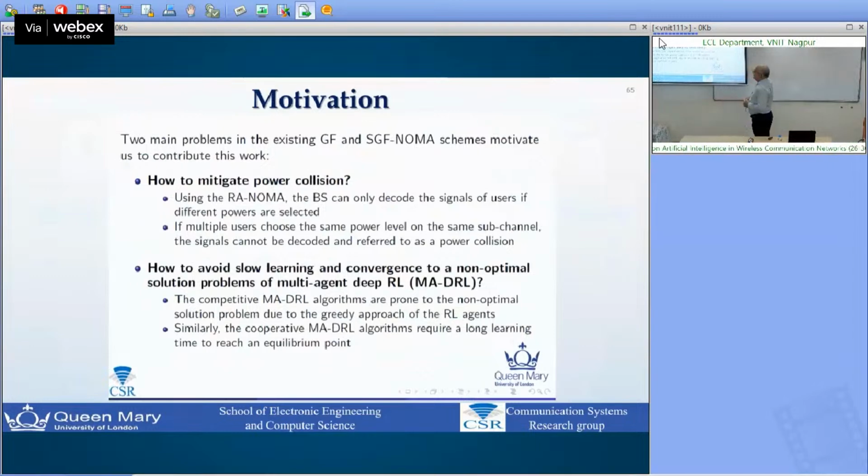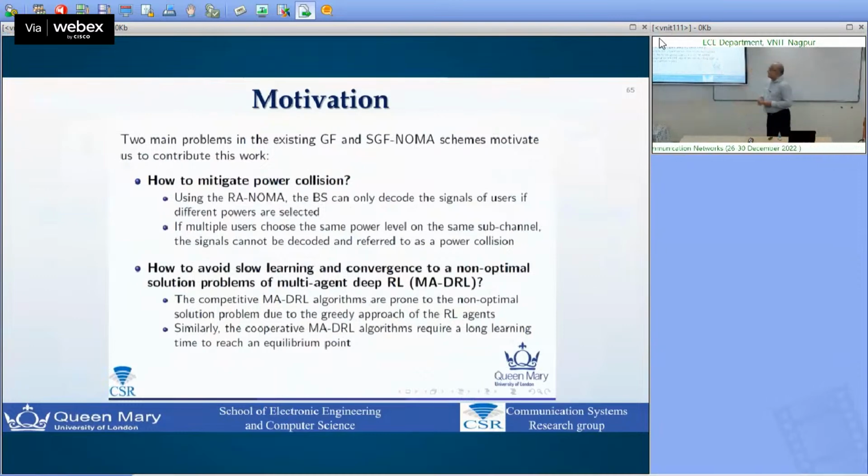Now we are going to see, in machine learning, the fast convergence and slow convergence. How can we achieve fast convergence and at the same time avoid the non-optimal solution problem?